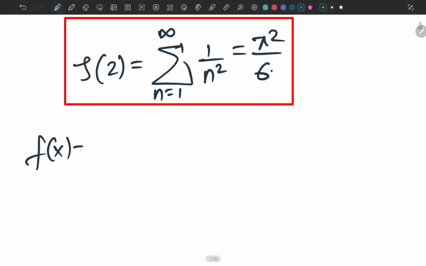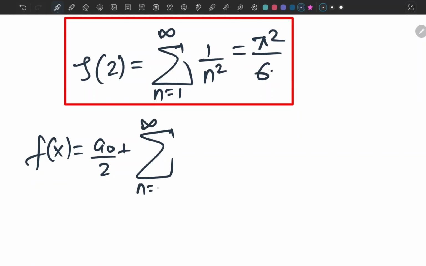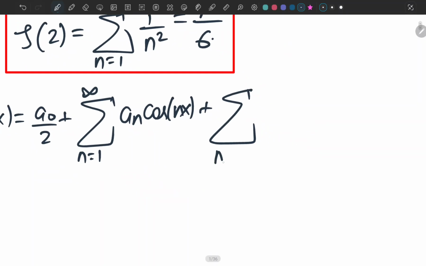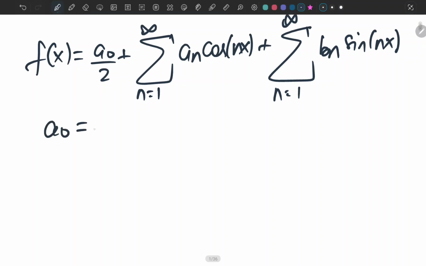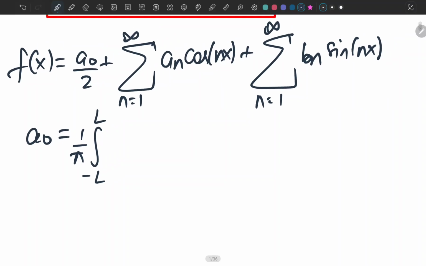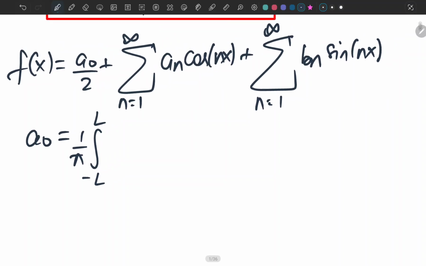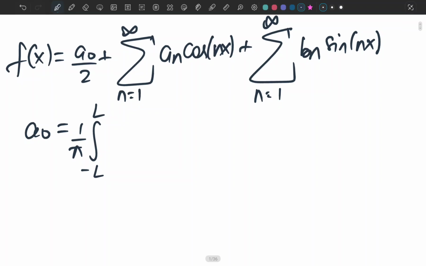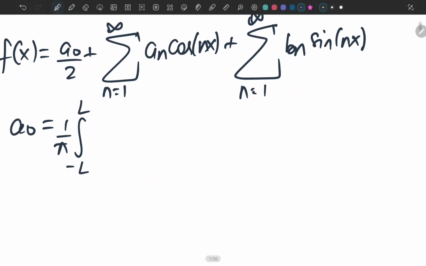It is f of x equals a naught over 2 plus the infinite sum as n goes from 1 to infinity of a sub n cosine of nx plus the series as n goes from 1 to infinity of b sub n sine of nx, where a naught is 1 over pi times the integral from negative L to L, where L are the closed interval limits of x, mostly it is pi, of f of x dx.